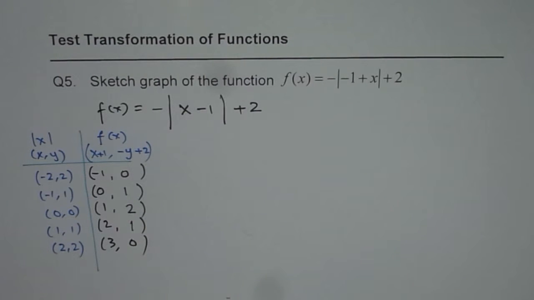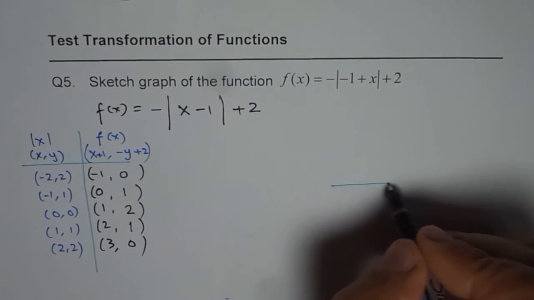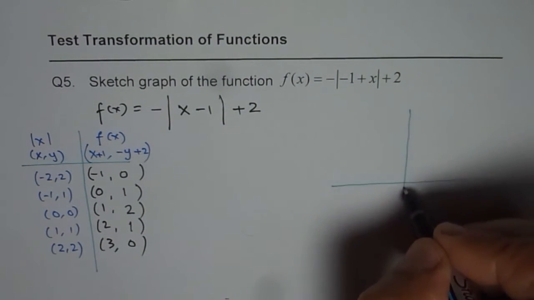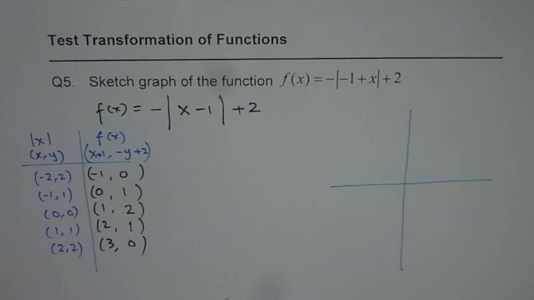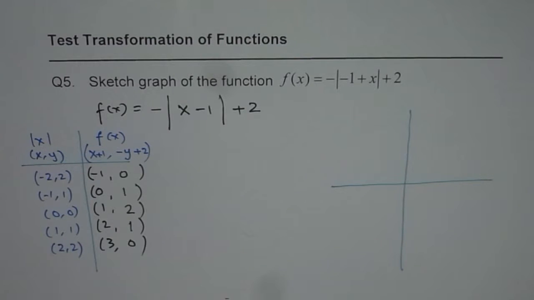Once you have these transformed points, you can always plot them on the graph and get your answer. So you don't even have to plot your original function at all. That is one way of doing it. Now I will show you a graphical way of doing it.